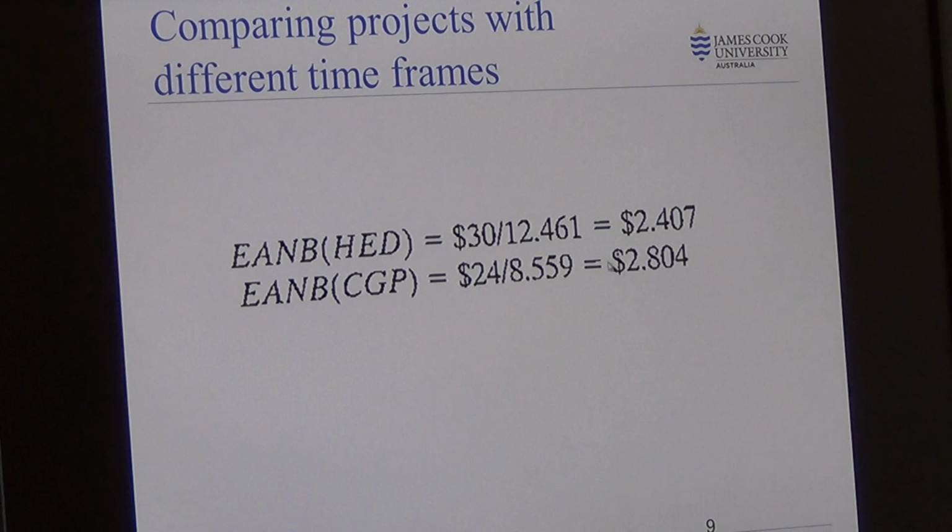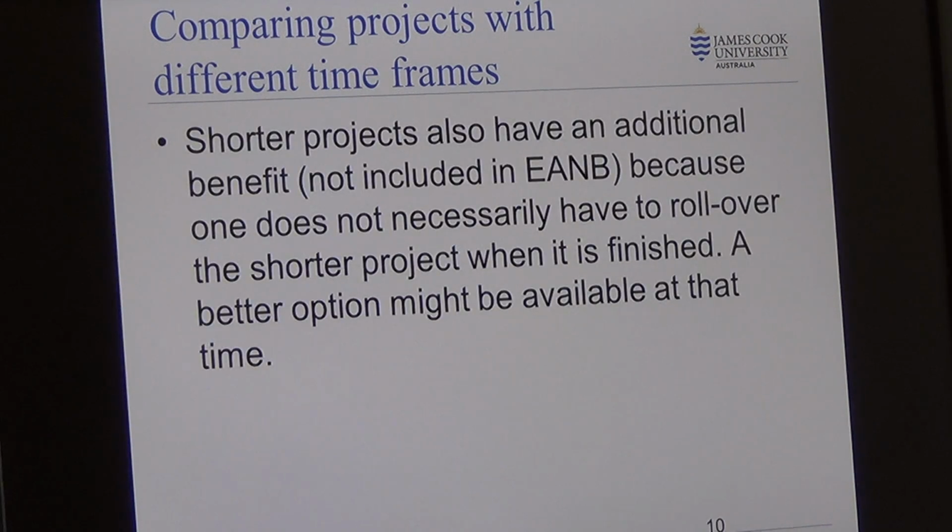And now we can compare these two annuities. Clearly 2.8 is bigger than 2.4. So again, we conclude that the cogeneration project is better than the hydroelectric project. So that's how we compare two projects with different time frames.